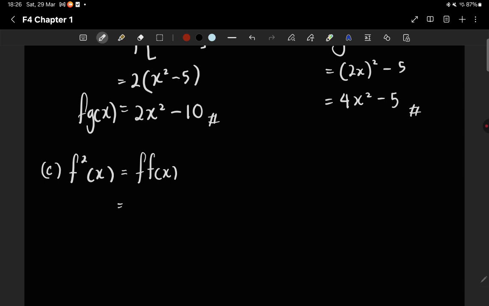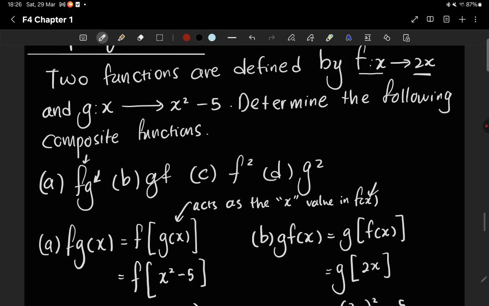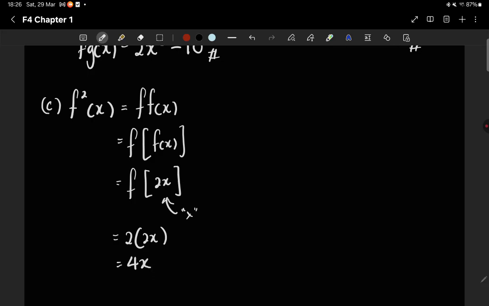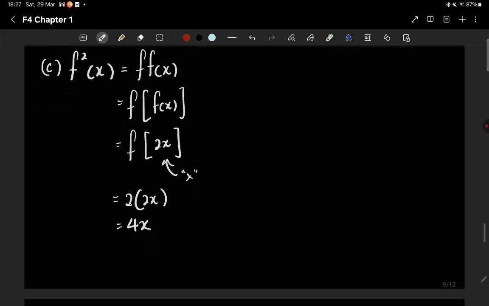And we can rewrite this again in this form. And again, just sub in the values for f of x, which is 2x. And this one acts like the x value. And just sub it into the function again, which gives us 4x. And that's our final answer.